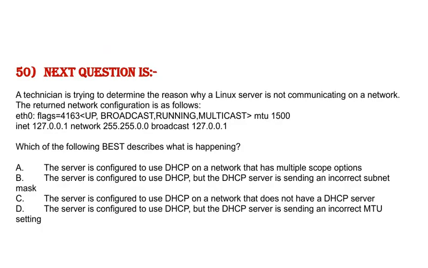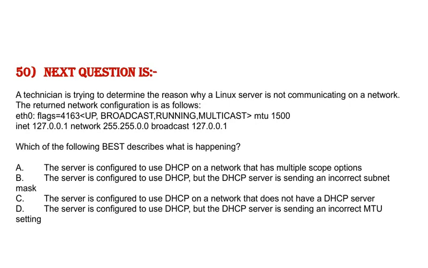Question is, a technician is trying to determine the reason why a Linux server is not communicating on a network. The return network configuration is as follows. Which of the following best describes what is happening? Option A, the server is configured to use DHCP on a network that has multiple scope options.